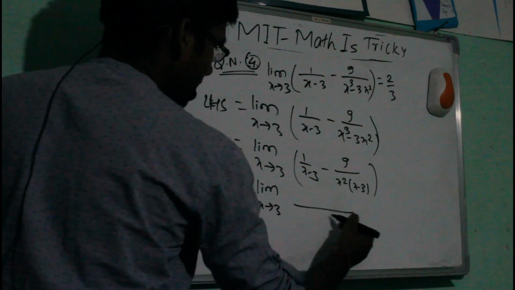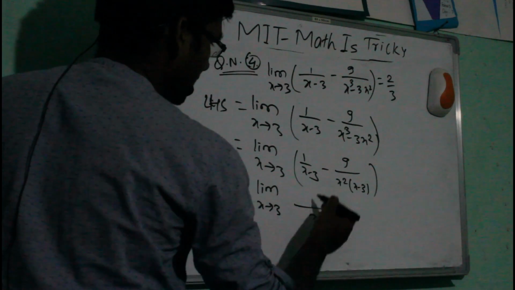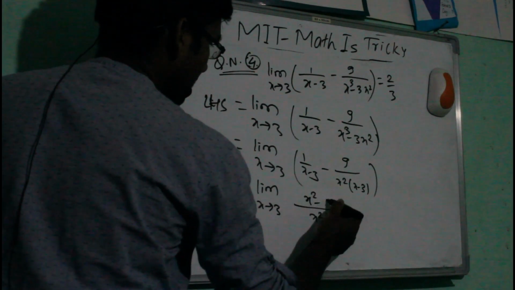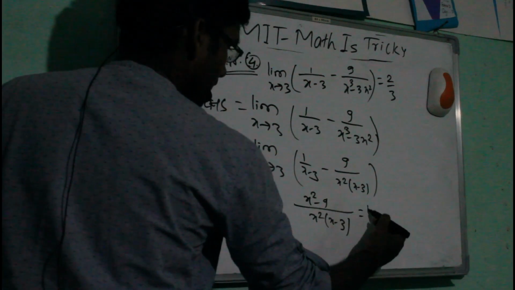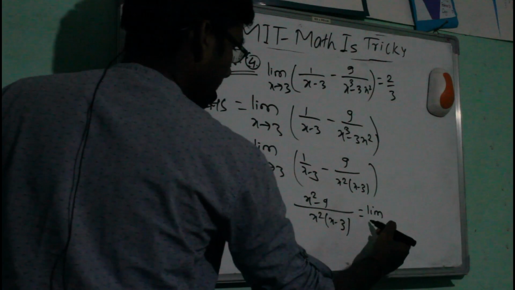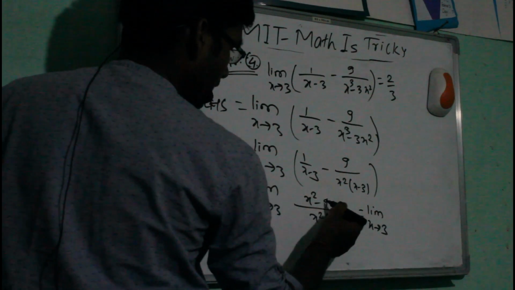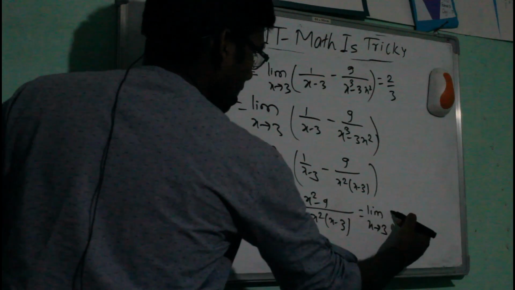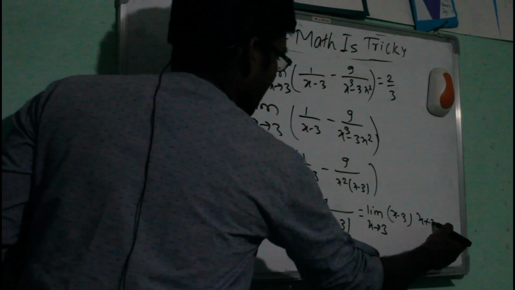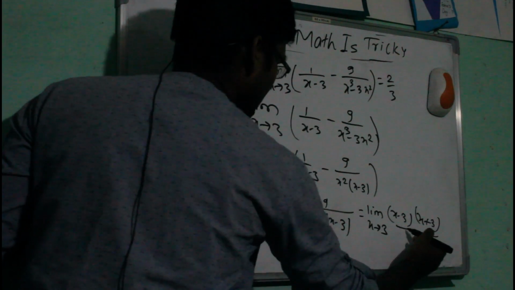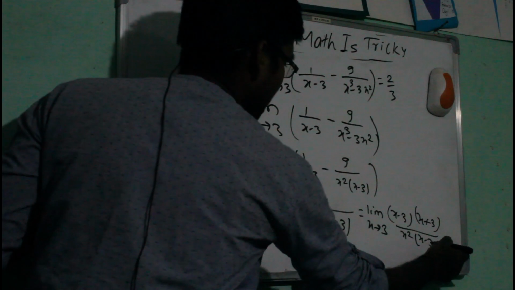Now the LCM is x square times x minus 3, so that x square minus 9 is the numerator. After this we can write limit x tends to 3. Let's use the formula a square minus b square for the numerator, so it will be x minus 3 times x plus 3 by x square times x minus 3.